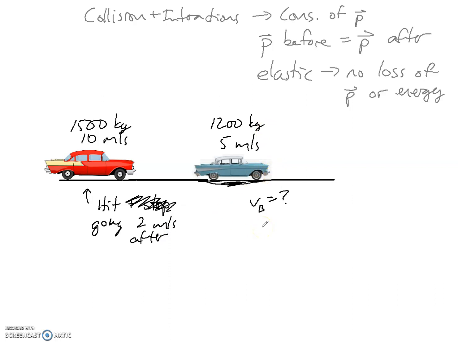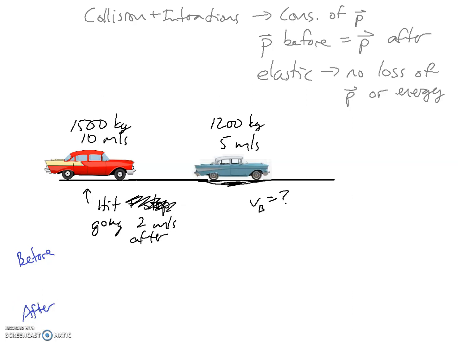Okay, all right, and now let's do the same type of thing with finding the speed of the blue car afterwards. Now I'm going to start the exact same way I did before. What I often like to do is look at my before and look at my after. So I'm going to look at my before for my red car.